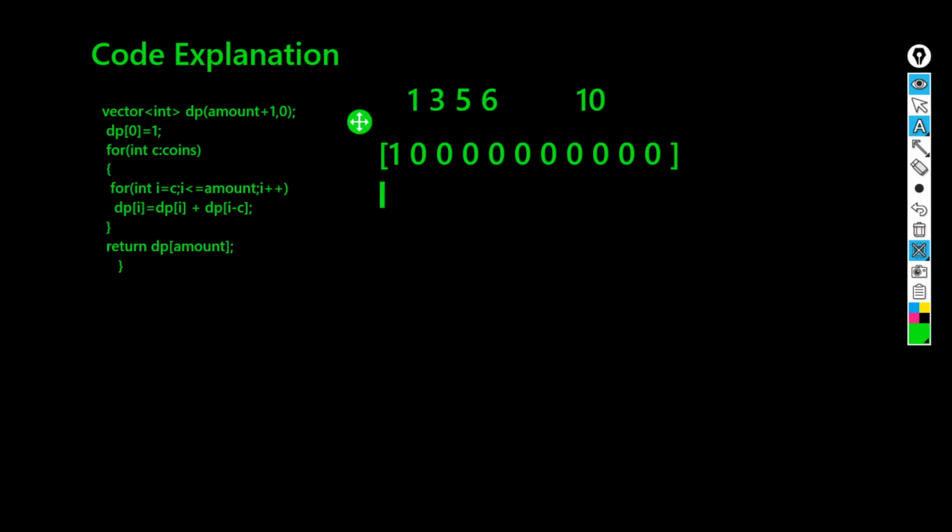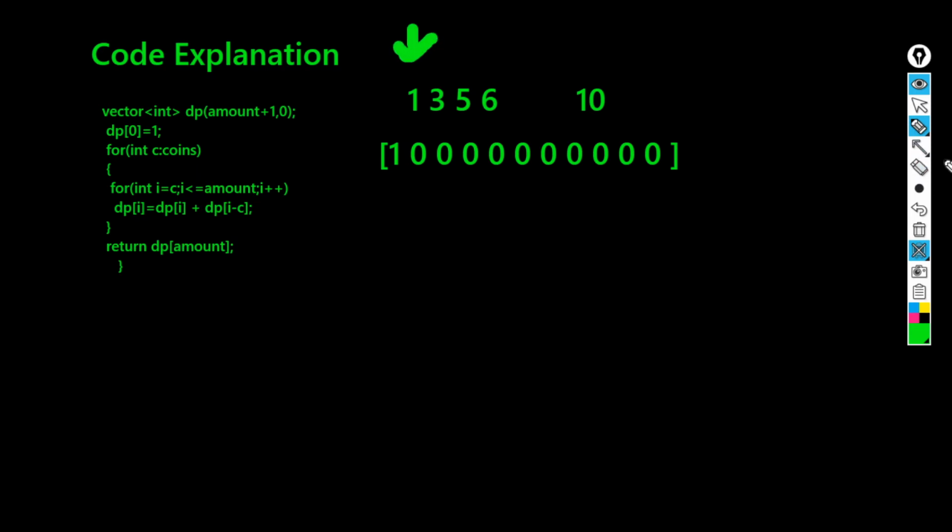So this will be the dp after the first step. Now for the formula we require 2 things, i and c. So c is the coins. So which coins are there? These all coins. So in the first loop, we are taking c as 1.